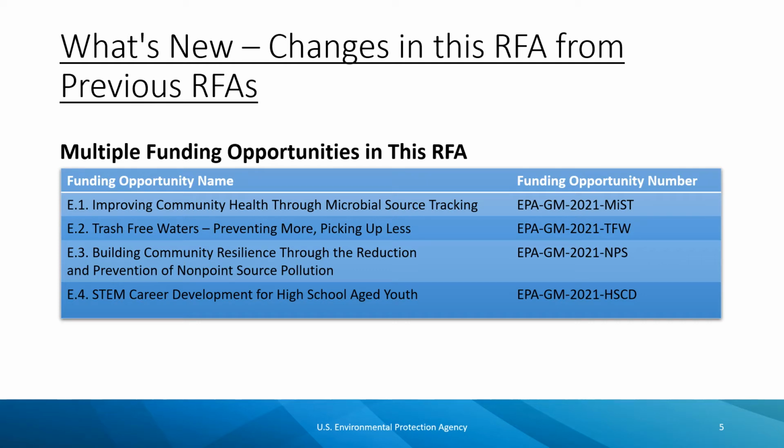The 4 opportunities are improving community health through microbial source tracking, trash-free waters: preventing more, picking up less, building community resilience through the reduction and prevention of non-point source pollution, and STEM career development for high school-aged youth. Each of these funding opportunities has a specific funding opportunity number in the right column. When you submit your application, it is very important that it is submitted to the correct funding opportunity number.